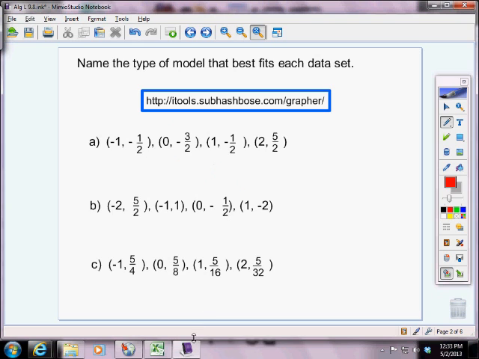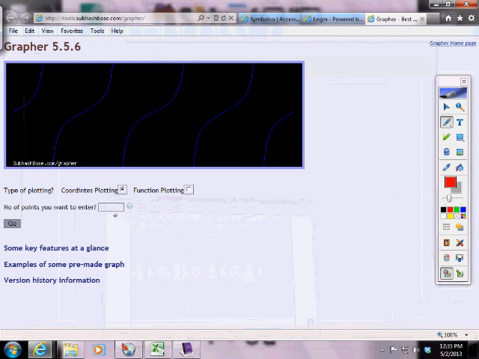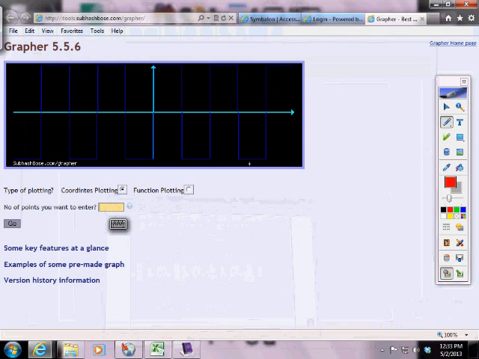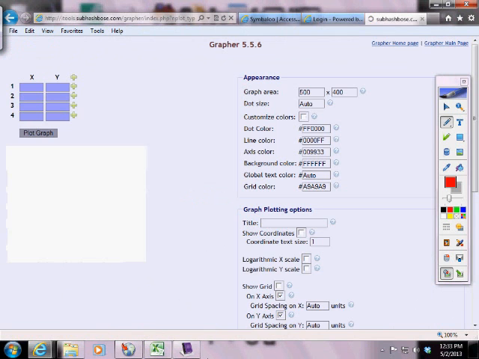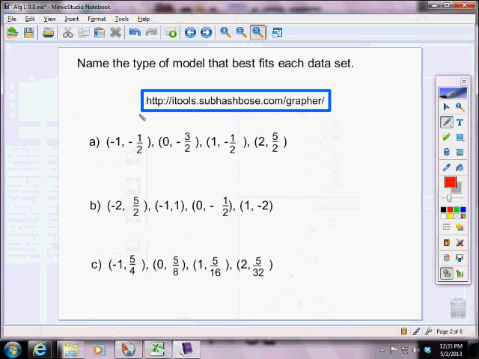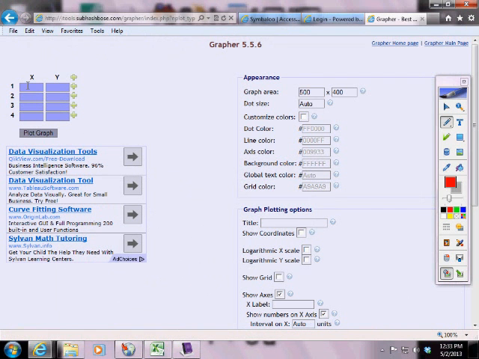Now, I am going to use a program here. So the first one, if I plot the points in, remember the first one was -1, 1, -1/2, 0, -3/2. I'm going to write it as 0.5, and -3/2 is -1.5.